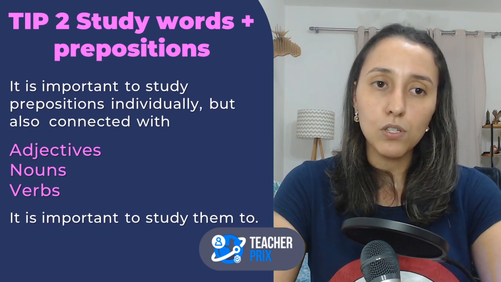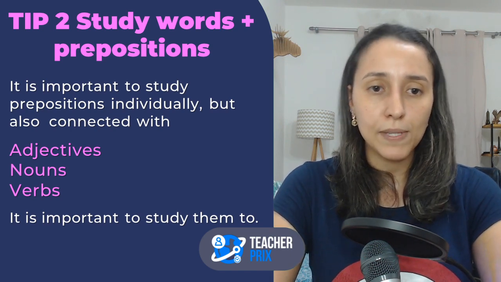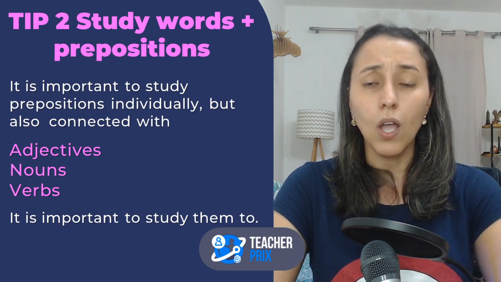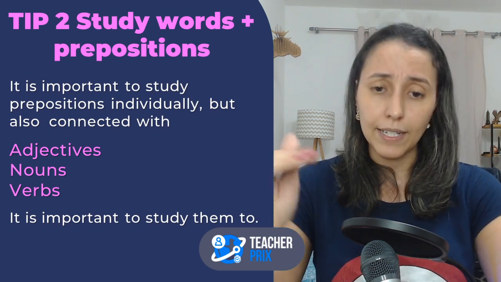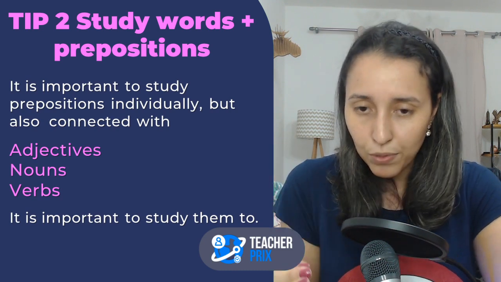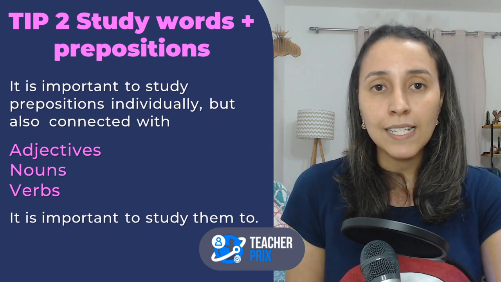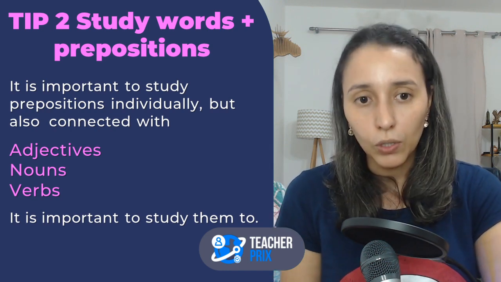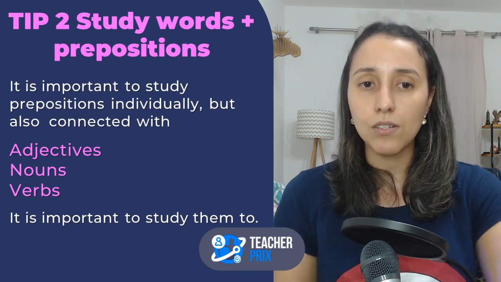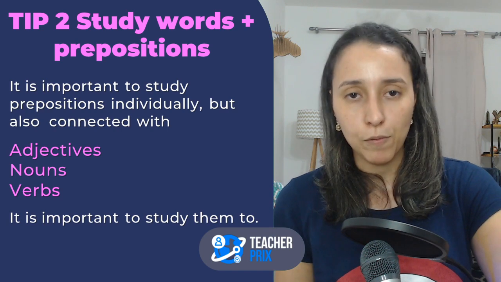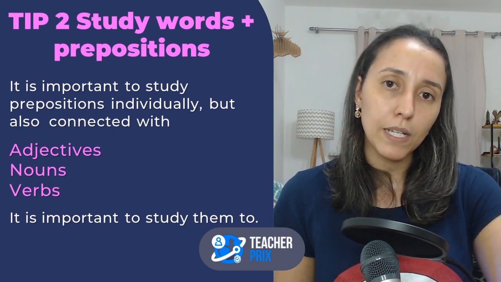So here on YouTube, you can find many videos about verbs, adjectives, and nouns plus prepositions. On Google, you can also go, but again, do that in moderation, okay? You can find lists on Google that will show you lists of adjectives plus prepositions, lists of nouns plus prepositions, and lists of verbs plus prepositions.